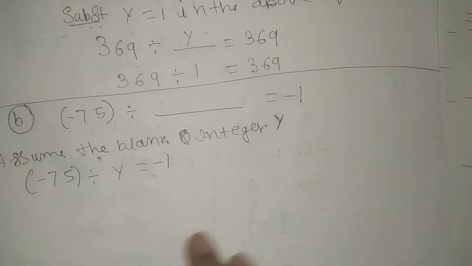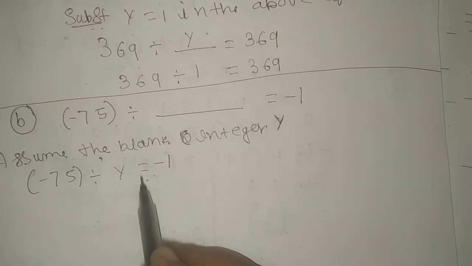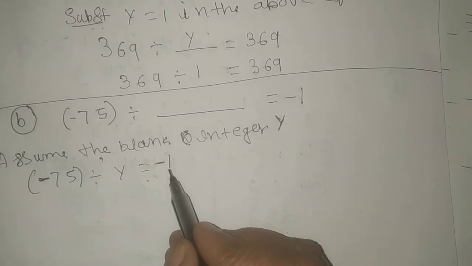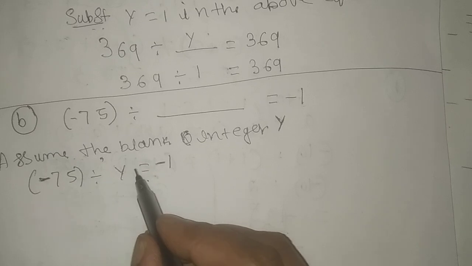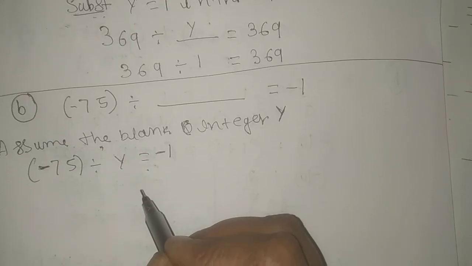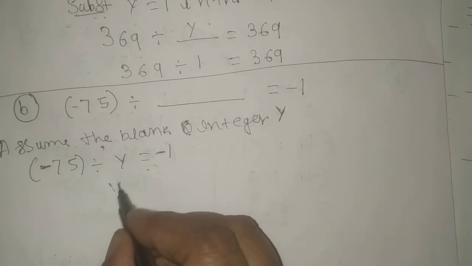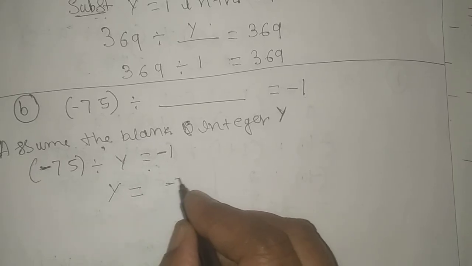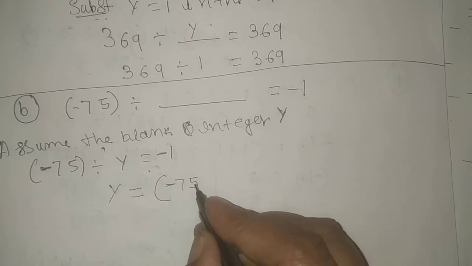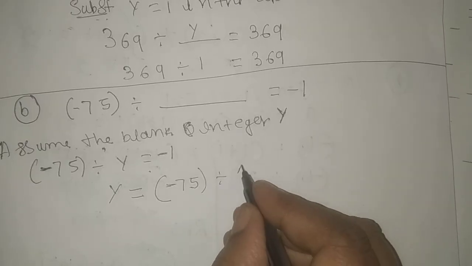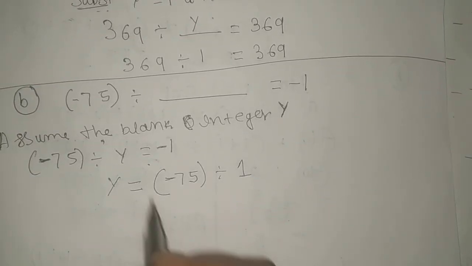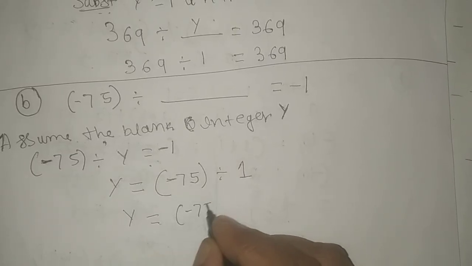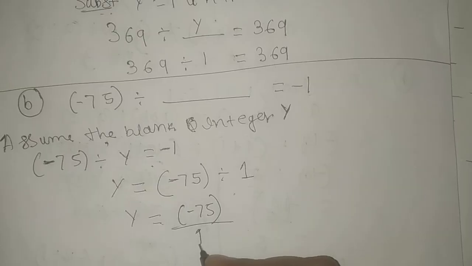Now how to solve this? It is similar to A only, but there is a minus sign here. So how to get minus 1, and what is the value of this one? Now we can write it as y is equal to minus 75 divided by 1, or y is equal to minus 75 by 1.